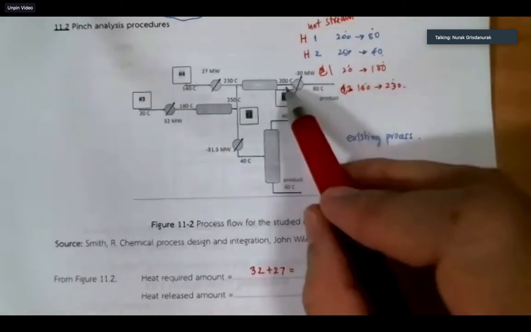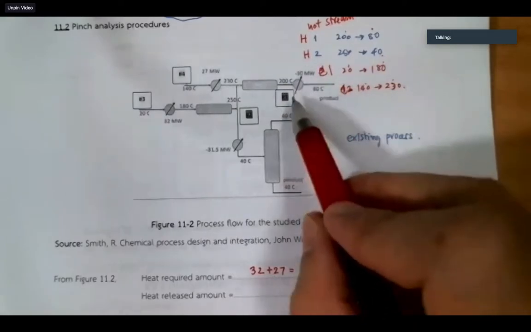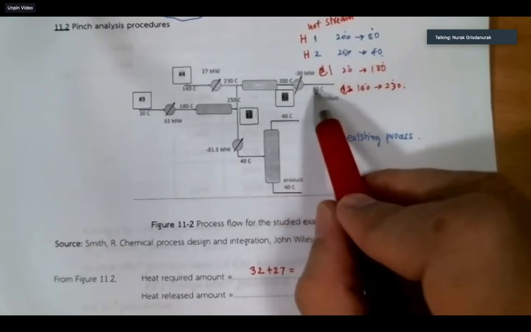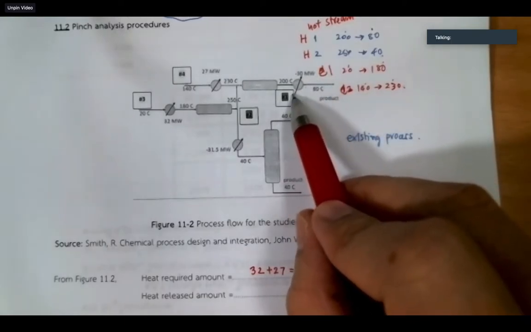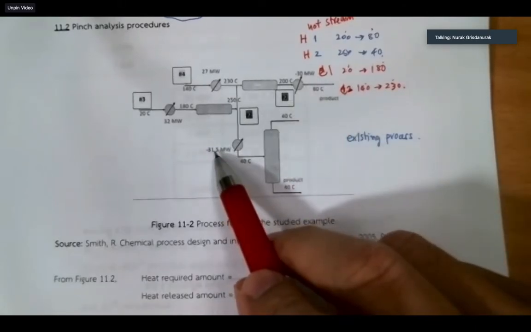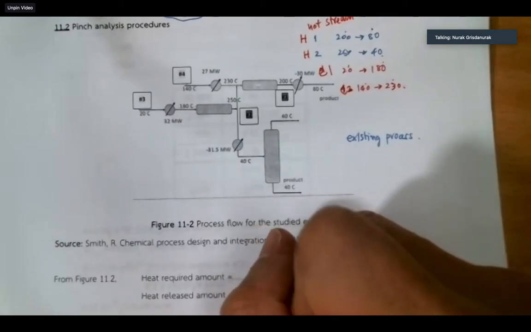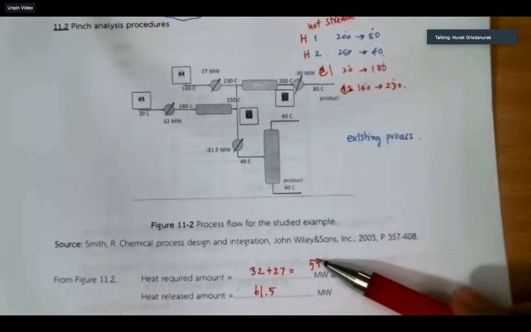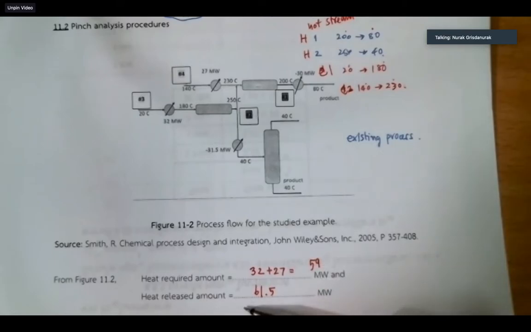Heat release means you extract the heat out to lower the temperature. Number 1 and number 2 together, about 30 plus 31, is about 61. The sign only points in a different direction, so don't worry. Heat required is about 59, and heat release is about 61.